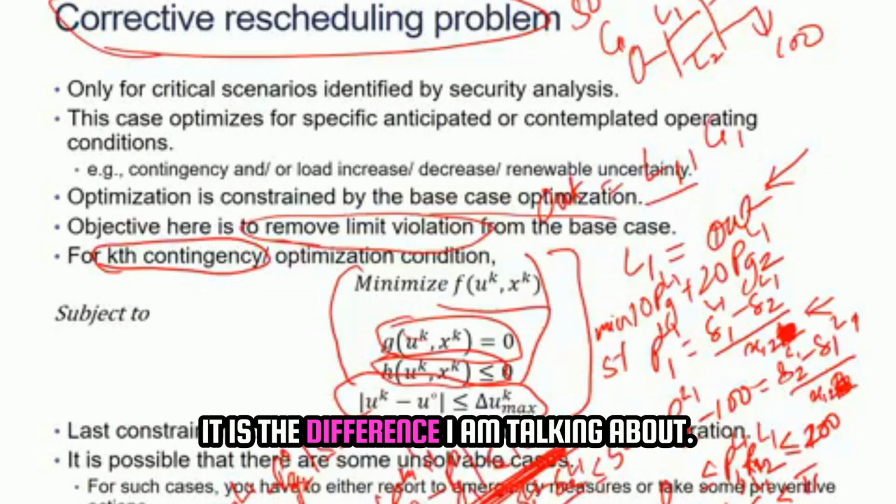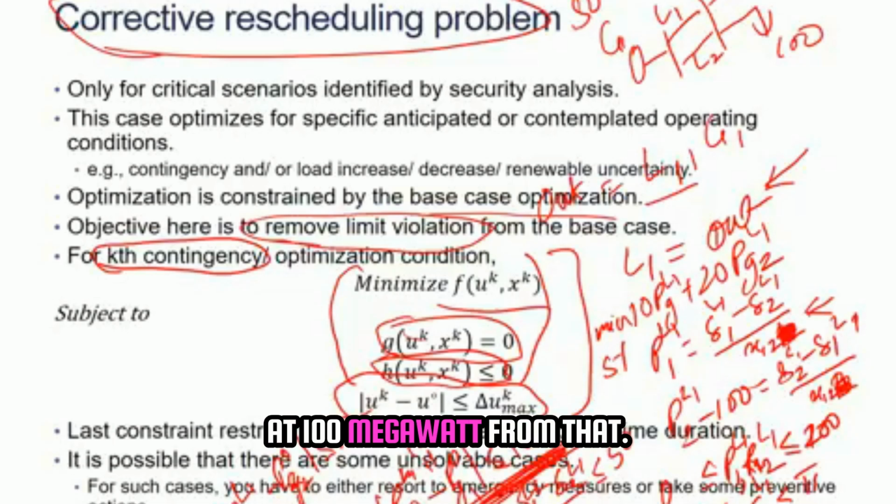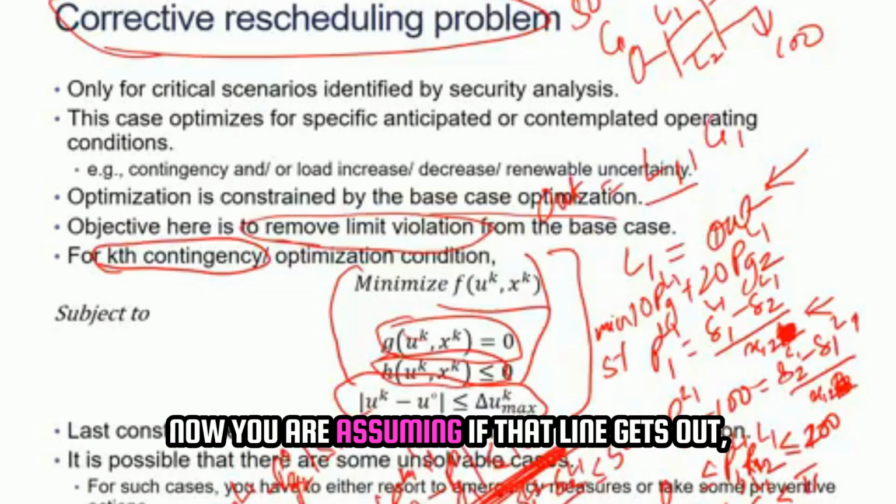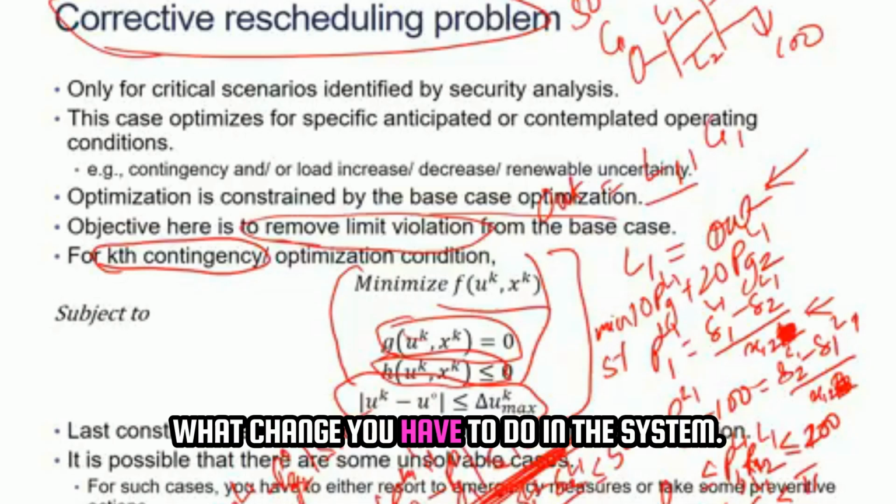It is the difference I'm talking about. Initially, it was already generating at 100 megawatt, because the base case is already there. Now you are assuming that if that line gets out, what change do you have to make in the system?